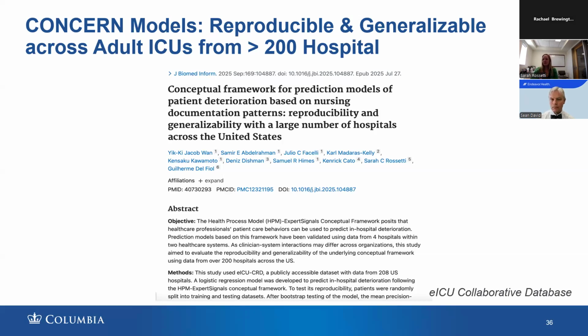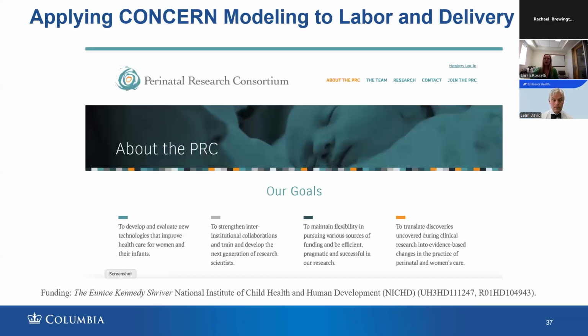So I think there's a lot of possibilities for how this type of data can be modeled and how we can model nursing expertise in this way. But I don't see a limit to, let's look at other types of clinicians' expertise and how we could model that as well, thinking of it with this type of framework.